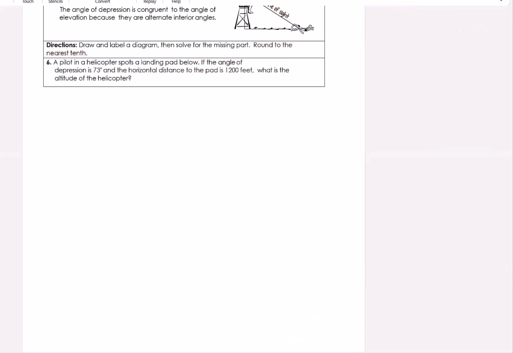Notice the directions always say draw and label a diagram, then solve for the missing part, because you have to kind of see what's happening. Here we have a pilot in a helicopter who spots a landing pad below. Here's my pilot. The angle of depression, remember? First, I'm looking out. Just like on the angle of elevation, I first made a line from myself to the object.